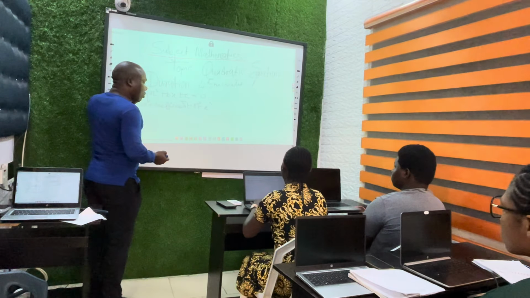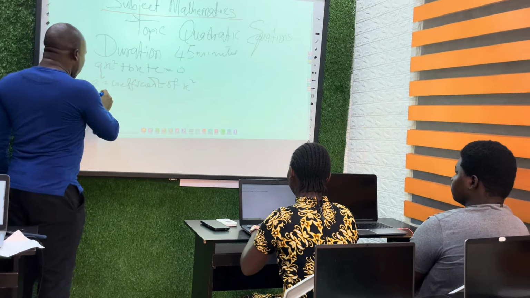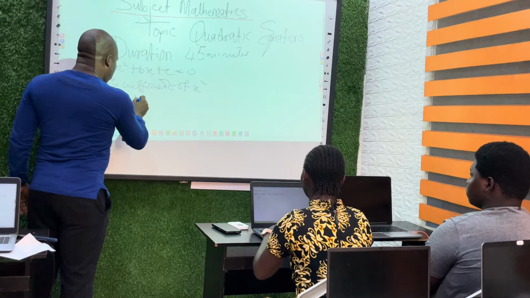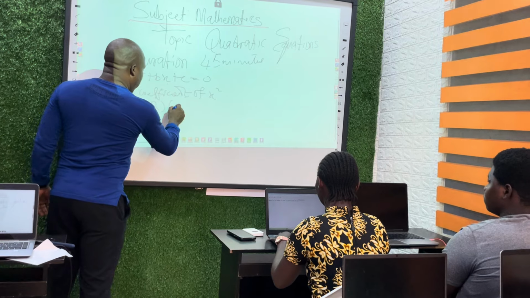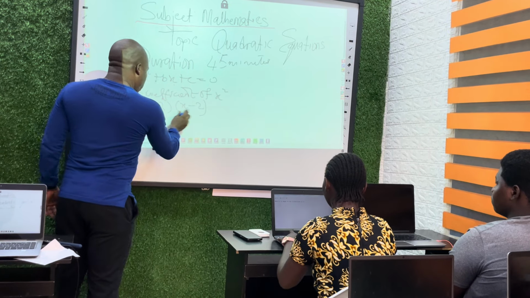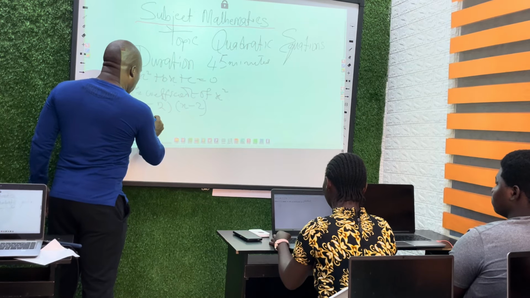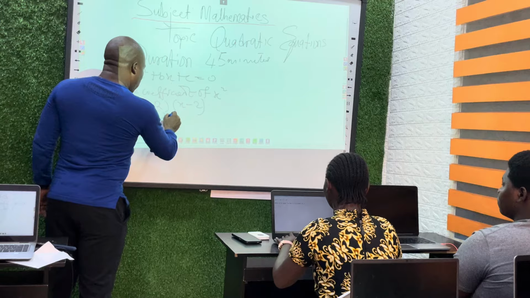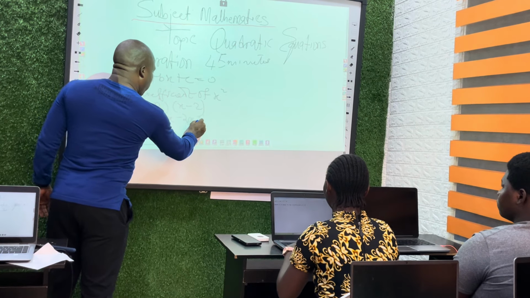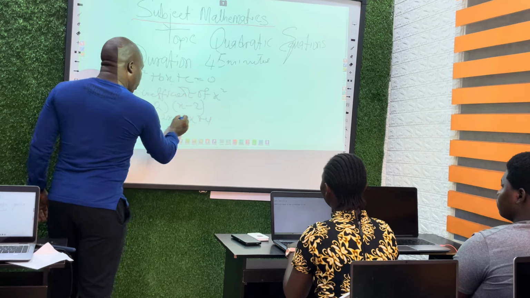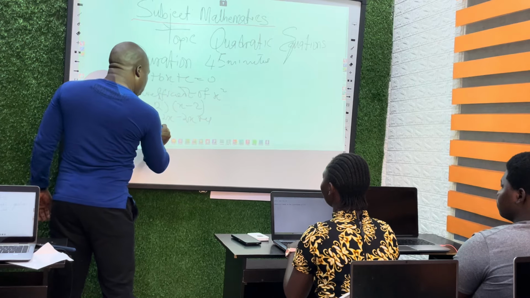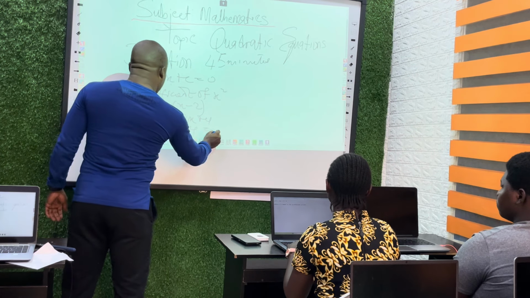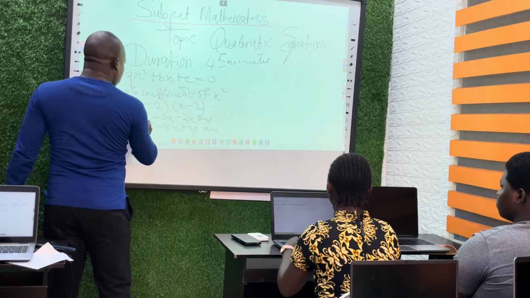So, for example, if I have this kind of equation, you have x minus 2, squared. If you evaluate this, you have x squared, minus 2x, minus 2x, and plus 4. So this will be x squared minus 4x plus 4 equals 0.